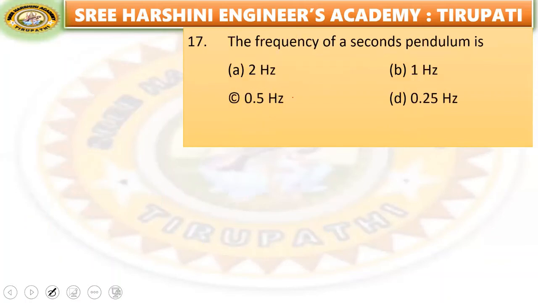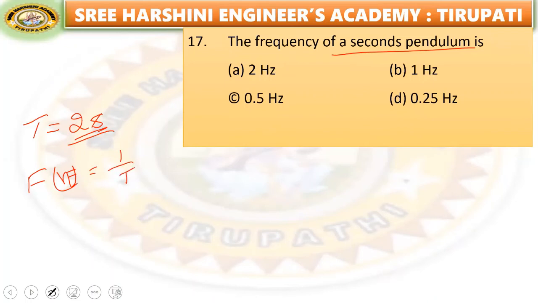The frequency of a seconds pendulum is? The time period of a pendulum whose time period is 2 seconds is called a seconds pendulum. Therefore, frequency n is equal to 1 by T, that equals 1 by 2, that equals 0.5 hertz.